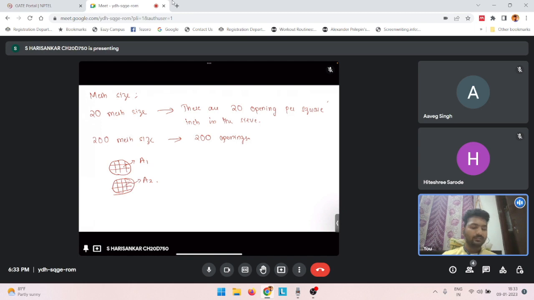Now, because these openings are square in shape, A1 can be L1 square, where L1 is the length of the opening. And let's say L2 is the length of the opening here in A2. So A2 will be L2 square.